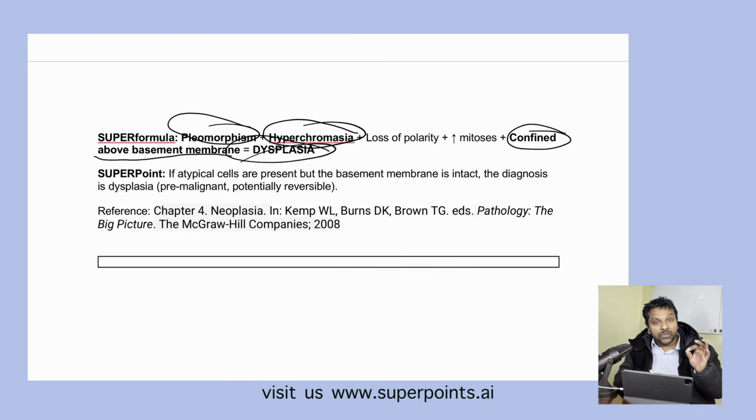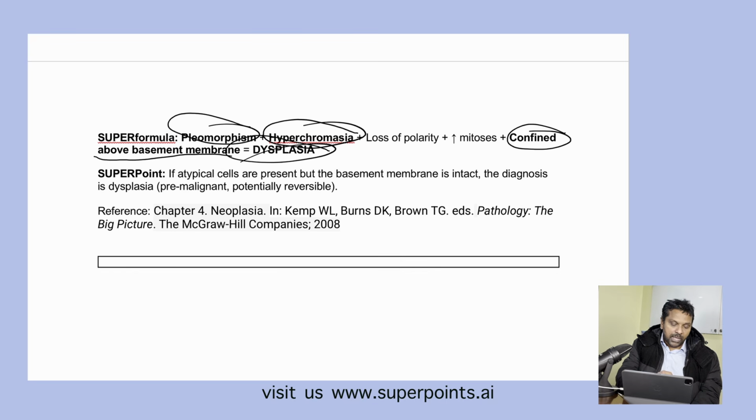Every question is about keywords, and every examiner has to rely on those keywords. Otherwise, he would be all over the place, right? He wants to be specific, and specificity comes from unique features, which are keywords. So the keywords here are pleomorphism, hyperchromasia, and confinement above basement membrane.